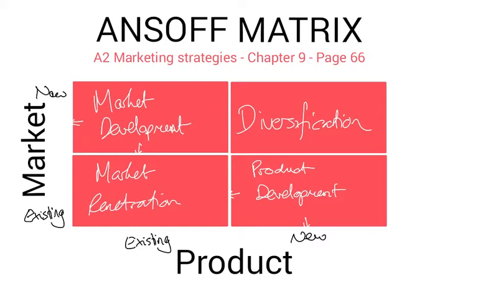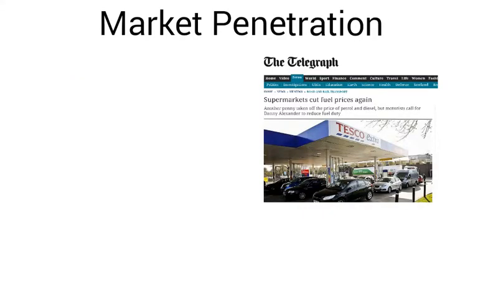We're going to take the example of the supermarket industry and think about how we can apply Ansoff to the supermarket industry. So we're going to start with what a lot of people would perceive as being the standard model of competition.